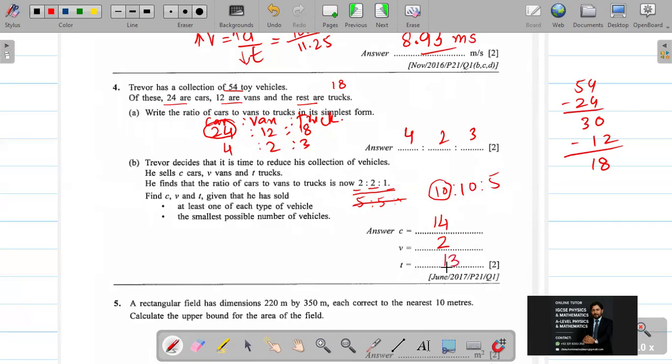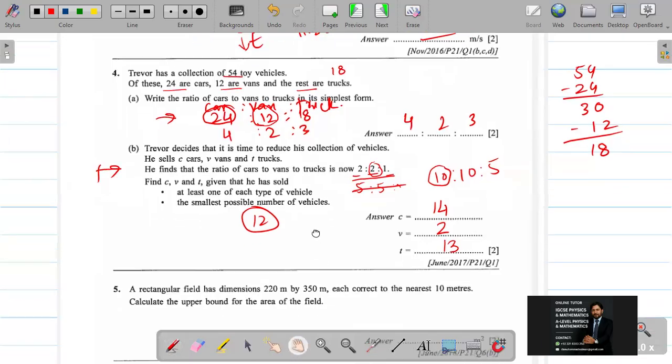Remember that I said the minimum possible value, at least one of each type of vehicle, and the smallest possible value. If I go with 6, then 6 twos are 12, which is satisfied for 24. But if I go for this 2, then it is equal to 12, so it is not possible. Remember that. Try to understand this question first, then go for multiplication and getting the numbers.